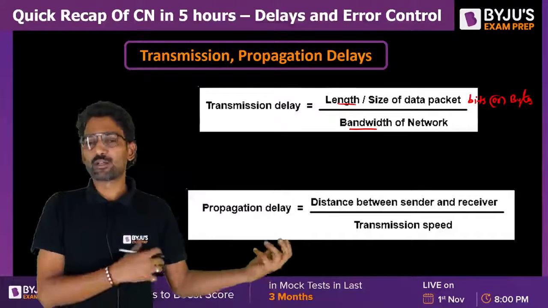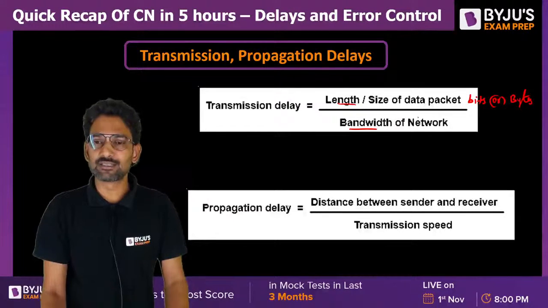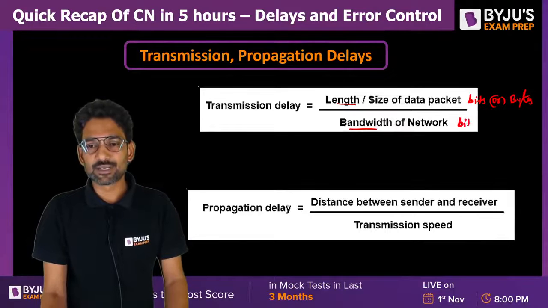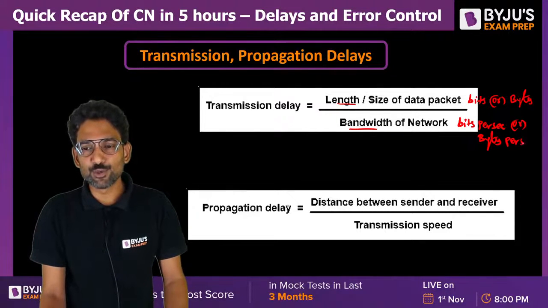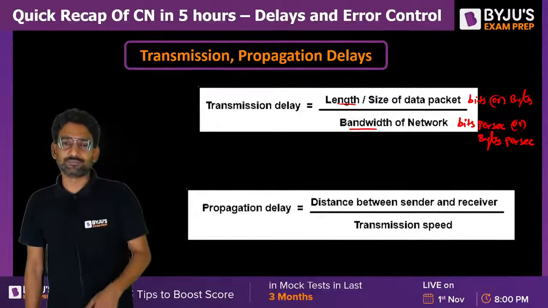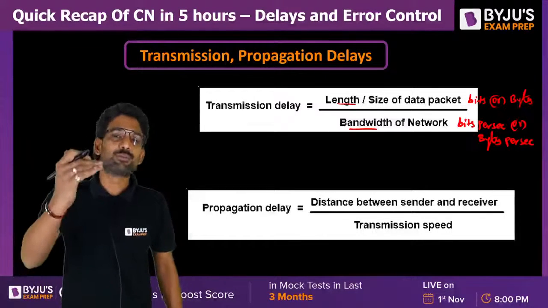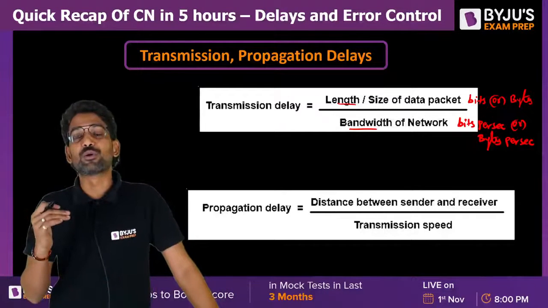Of course, if it is analog signal, we measure differently. But if it is a digital signal, definitely bits per second or bytes per second. So with these units you can understand what is given, and you have to understand and mind that you have to do proper conversion.